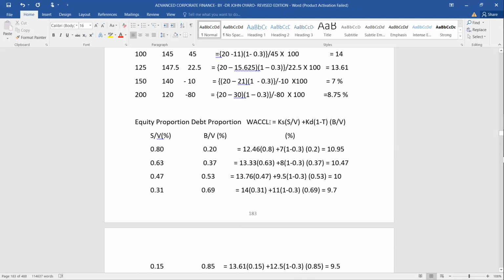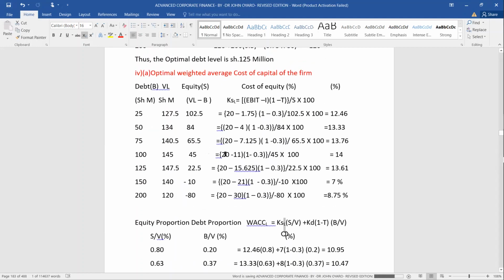We need to be a bit careful here. Okay, so the weighted average cost of capital is the cost of equity of a levered firm times the market value weight of equity plus Kd (1 minus T) times B divided by V. Do we know the proportion?